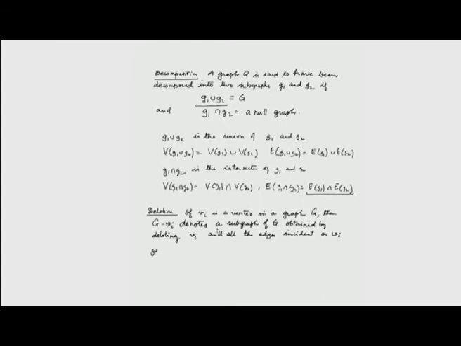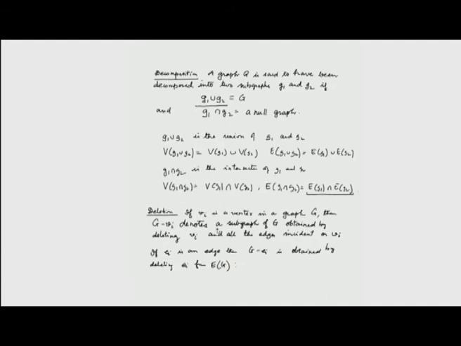If Ei is an edge, then G minus Ei is obtained by deleting Ei from E(G).